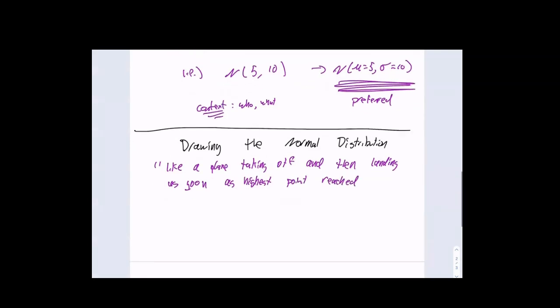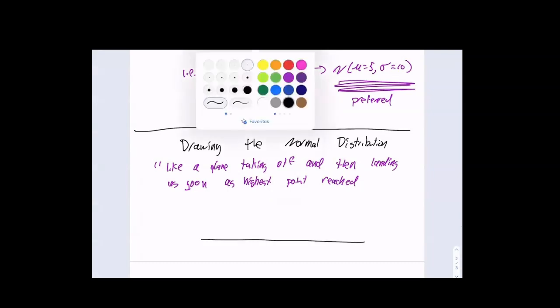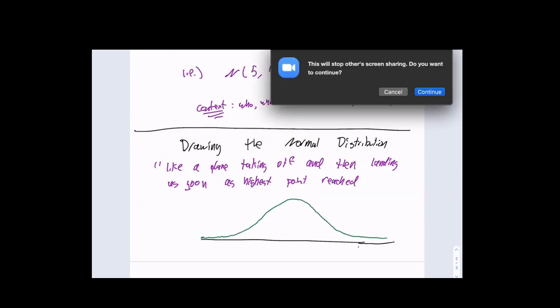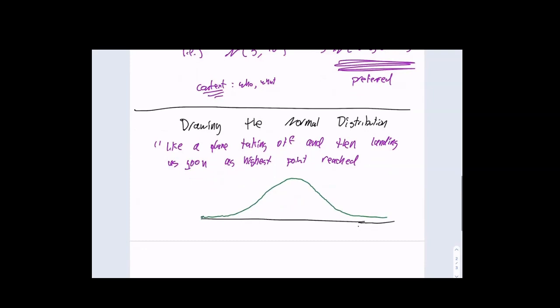So think of an airplane, okay? When I draw it, I'm on the runway. I take off, and then I come back to land. Notice that planes do not go vertical. Okay, planes do not go vertical. So that's how you're going to have it right there.